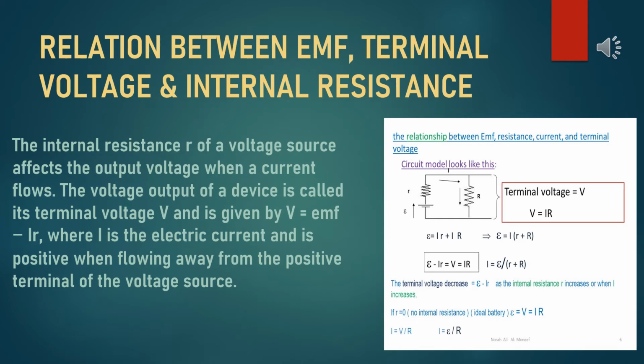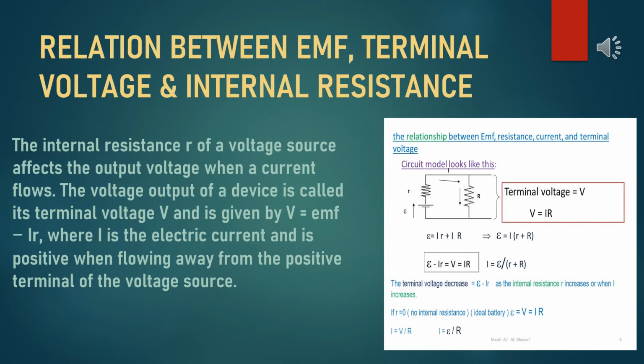Now, the relationship between EMF, resistance, current and terminal voltage. See the diagram, the circuit model looks like this. Two resistances are there. One is the internal resistance, that is the resistance within the battery, and another one is the external resistance of the circuit.